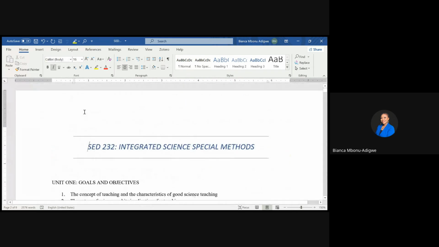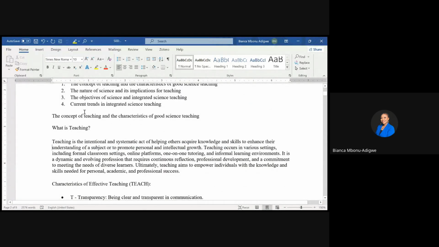First off, we talked about teaching. We said it is an intentional act and it is systematic. Intentional because you must decide that, oh, I want to teach this person how to play penalties. I want to teach this person how to play free kicks. That is an intention.